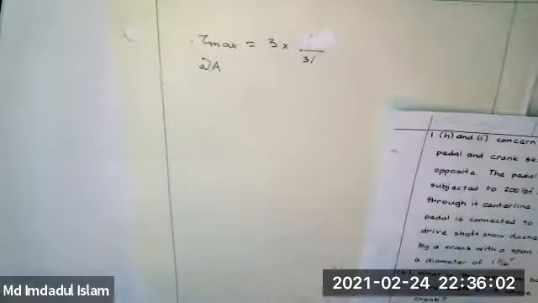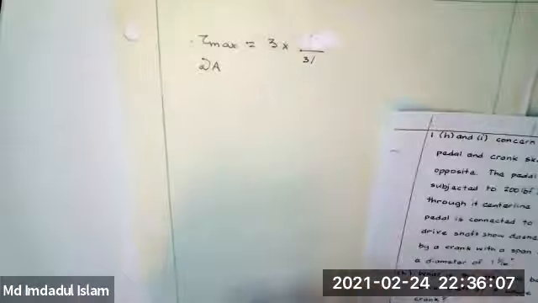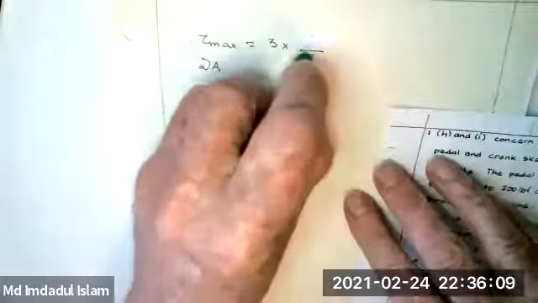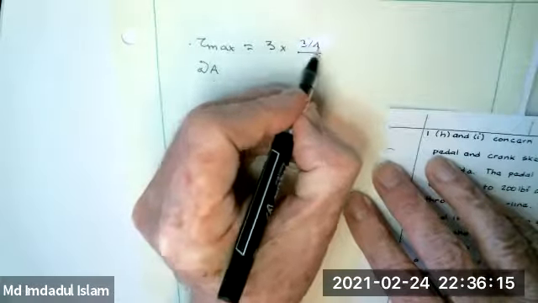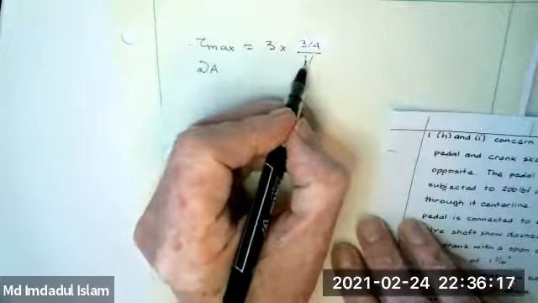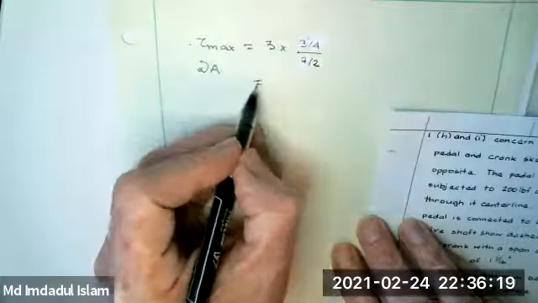Let me write that. Let me make this quarters, and this 3.5, let me make it halves. So it goes down by 3/14.